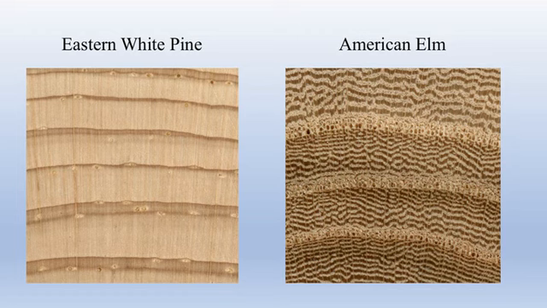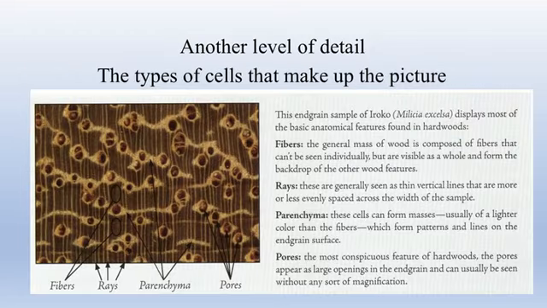Okay. A little deeper level here is kind of a repeat, but I don't know if you can see where these labels are going. These fibers are pointing to the dark parts of the wood fibers. Rays, these are the straight lines going perpendicular to the tree. And these fuzzy things around this pore are called parenchyma.